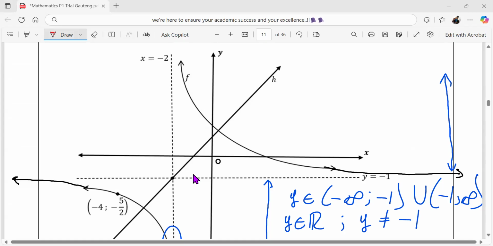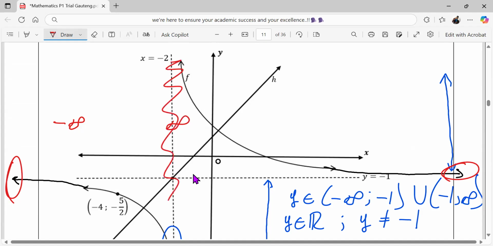Because the same thing can be said. The function comes from negative infinity in terms of x values. And it's also going to stop at positive infinity. But the problem is it's undefined at -2.